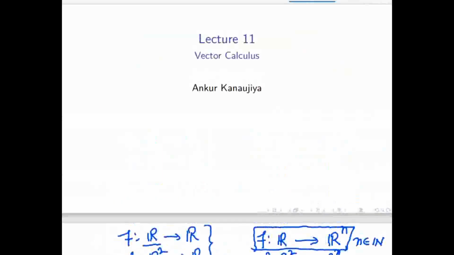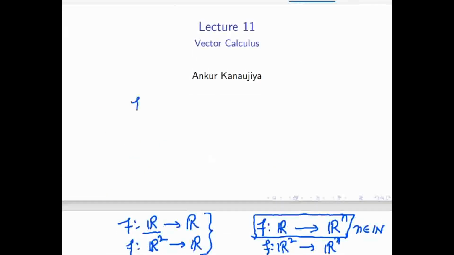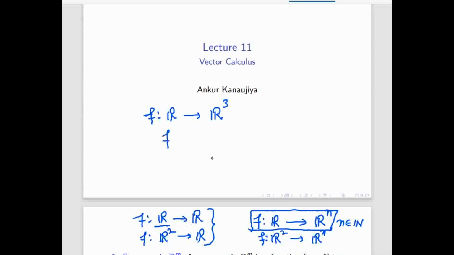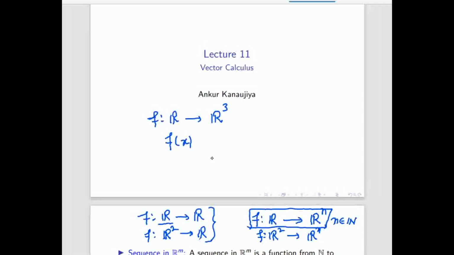So I'm writing here, suppose a function is given from R to R3, a vector in 3 dimensions. The definition is f(x) equal to three components: sin x, cos x, and x.